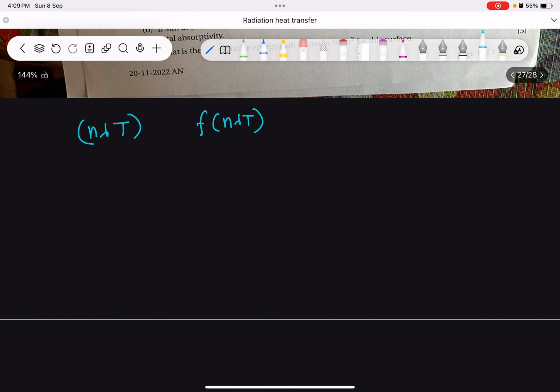In the table we have n lambda T and f of n lambda T. I have already shown what f is, so I will not repeat it. This will have the unit of micrometer Kelvin: micrometer for lambda, Kelvin for T, n has no unit, and f is a fraction, so it has no unit.